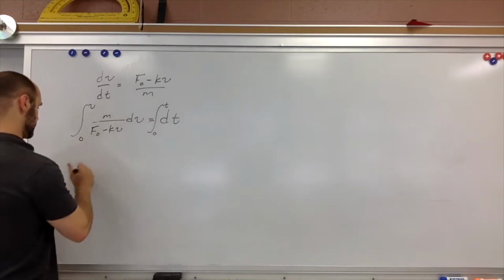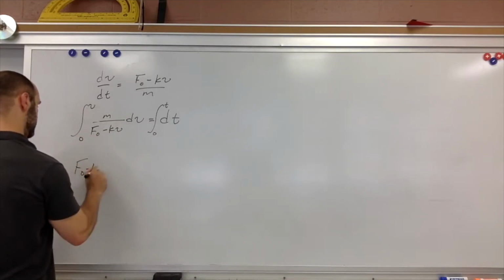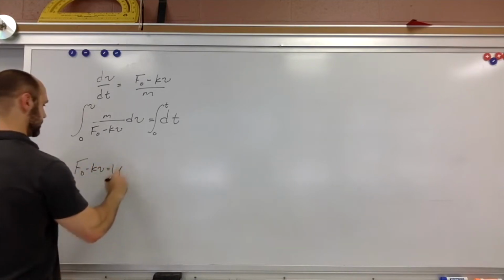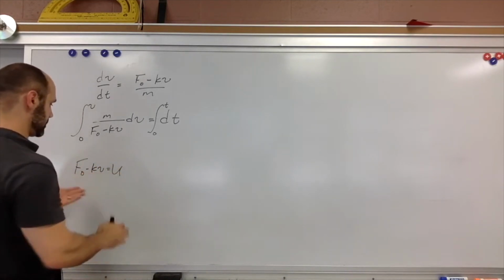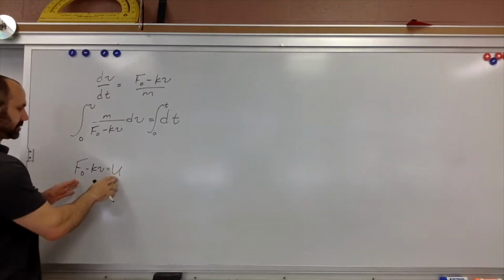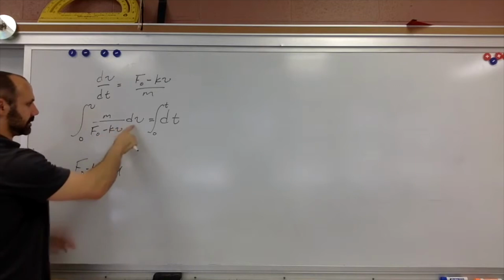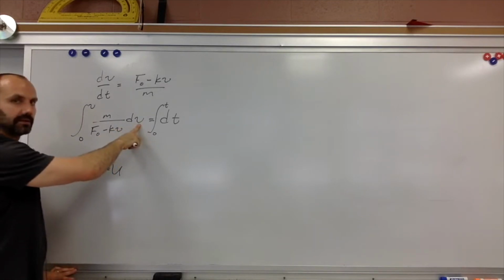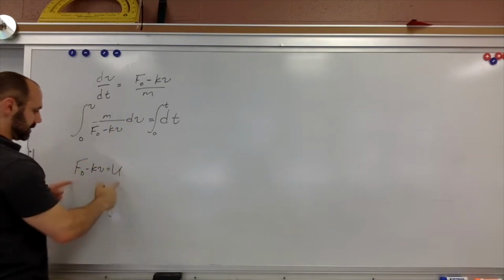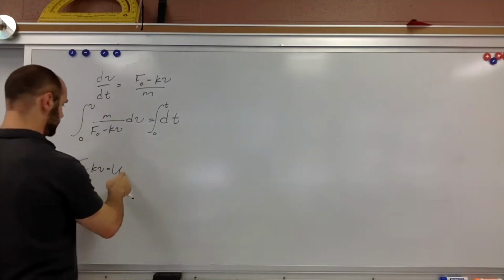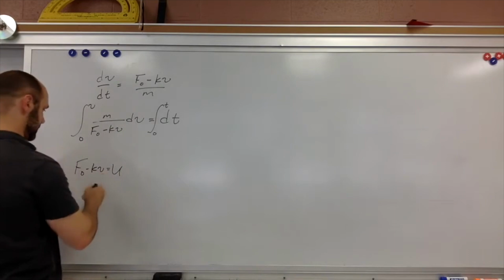So let me take this, F naught minus kv. I'm going to set this equal to just u. Okay, so now I've got F naught minus kv equals u, so I can plug u into this. However, if I plug u in here, then I don't have the v. I've got dv. So I need to replace dv with something. So I go back down here, and I'm going to take the derivative of this with respect to v.